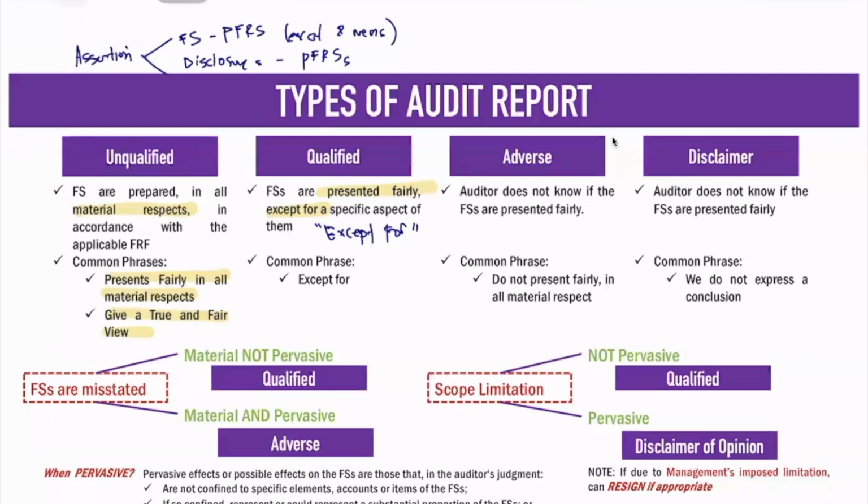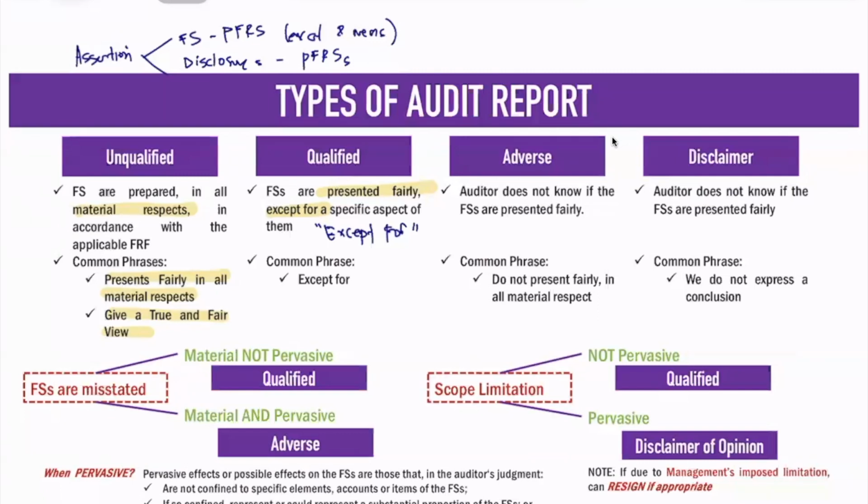When we say not pervasive, it is confined only to specific items or accounts. In short, it is not too material, or not substantial. It is only pertaining to some elements, not all the items of the FS, and not substantial.